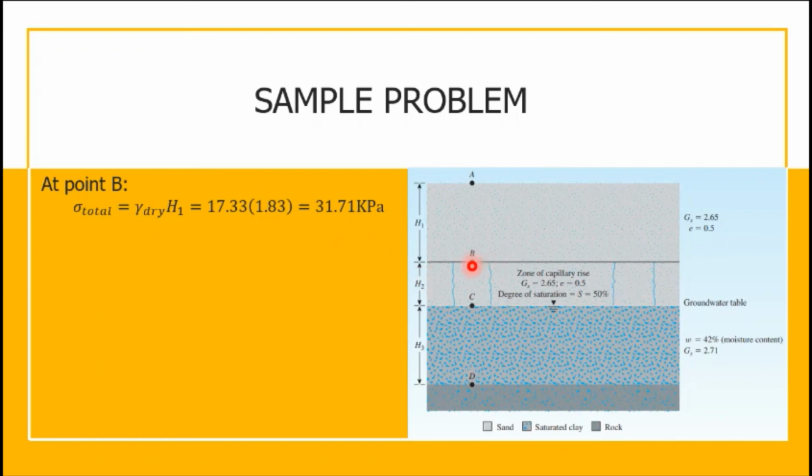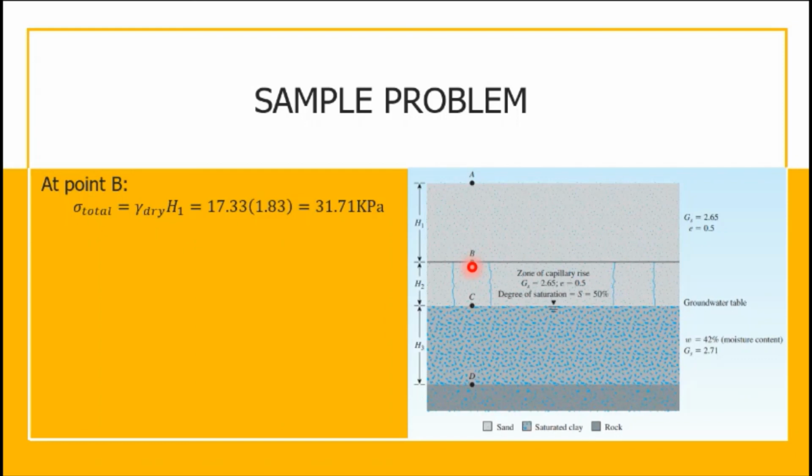So at point B, there could be two situations. One that is immediately above point B and immediately below point B. Pag immediately above point B, ibig sabihin hindi na siya sakop ng zone of capillary rise.